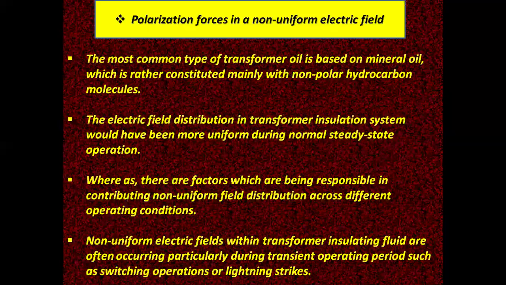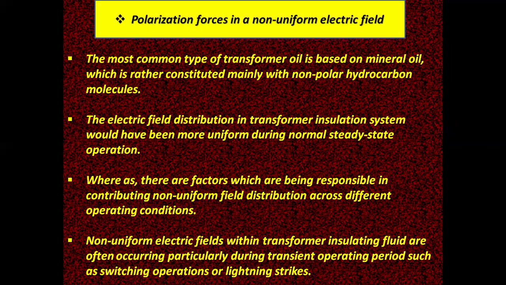Let's start with polarization forces in a non-uniform electric field. The most common type of transformer oil is based on mineral oil, which is constituted mainly of nonpolar hydrocarbon molecules.